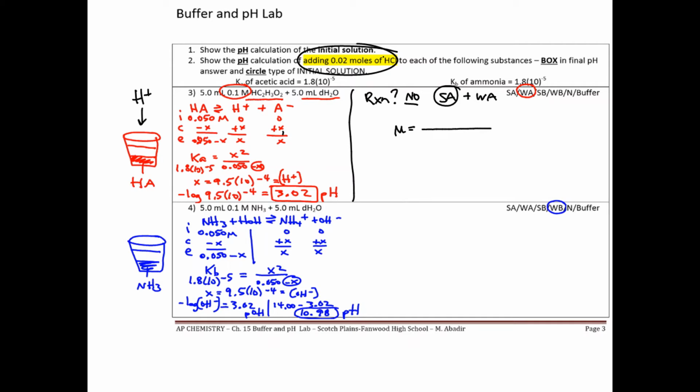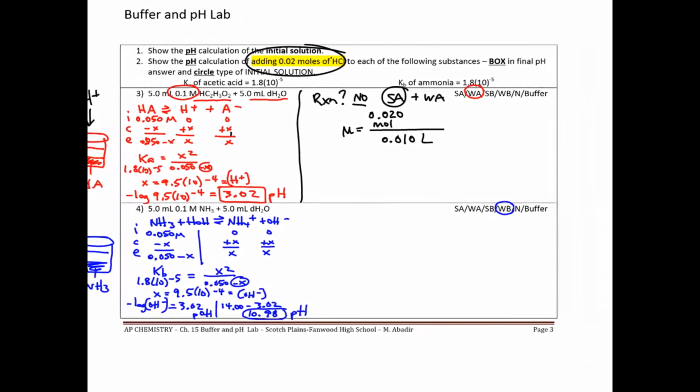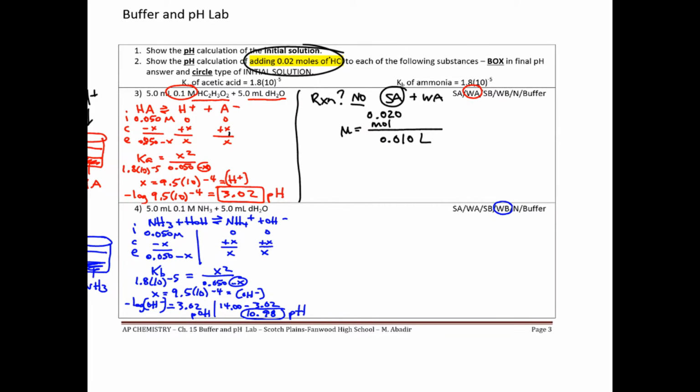So I just added 0.020 moles of H plus, and the total volume is going to be 0.010 liters. Now I just have to find out how much I had originally.